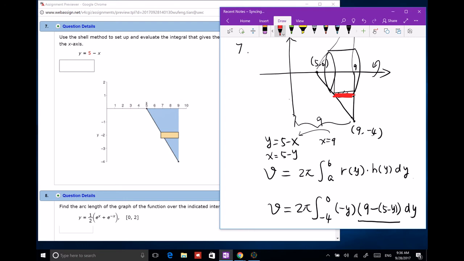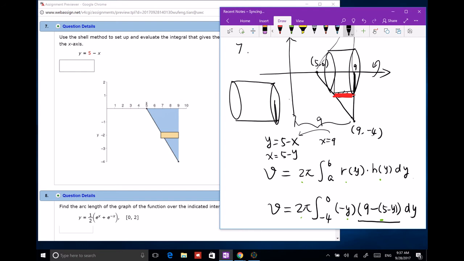We're looking for the height, no problem, because we use 2 pi r times h, right? That's the formula, 2 pi r times h, multiplied by delta y. If you look at this cylinder, the r is your y value.